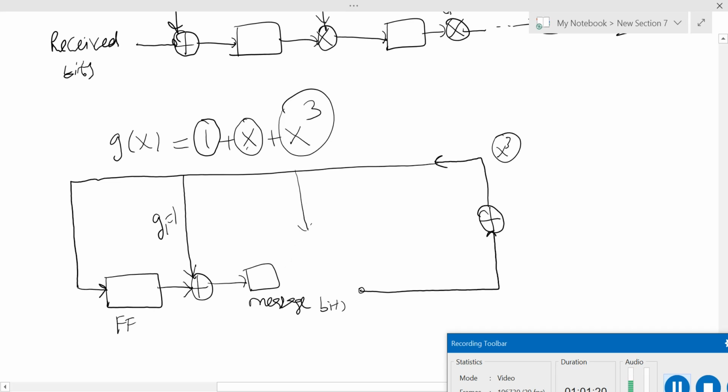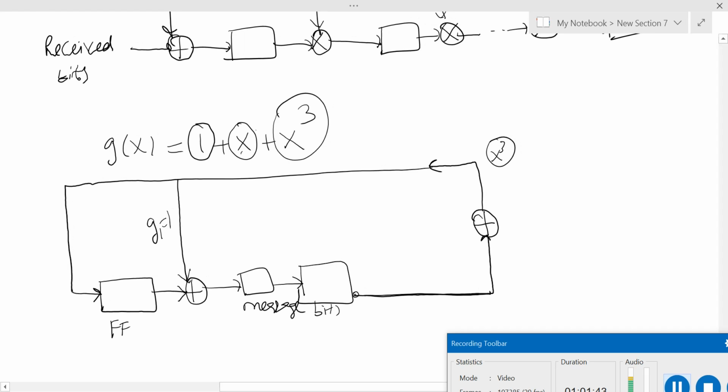Then there was actually G2 here, but the G2 term is not there, that is 0. So this link is not here, and there is no need of an XOR gate here. Directly the second flip-flop. This is how we just see which degree terms have coefficient 1 or 0. Accordingly, join that at the top.